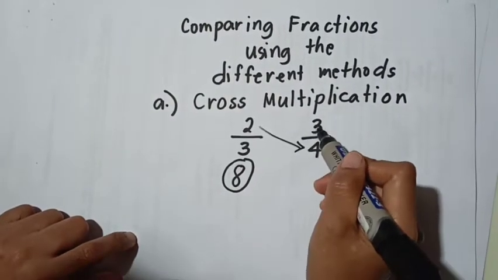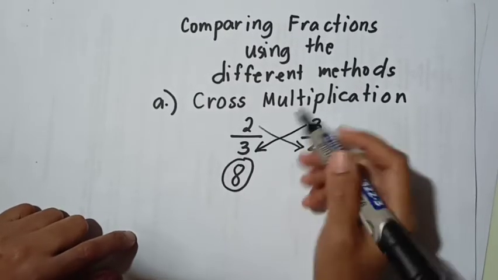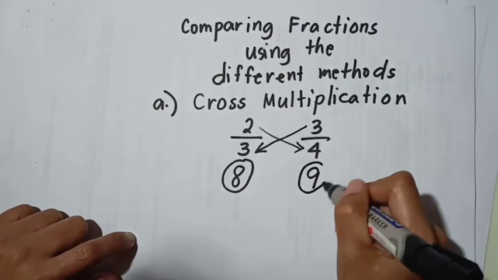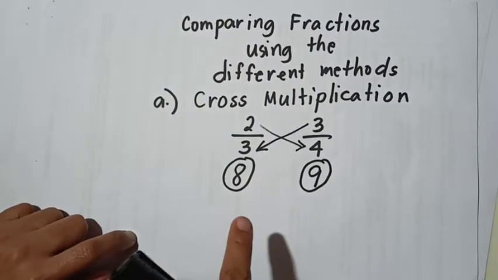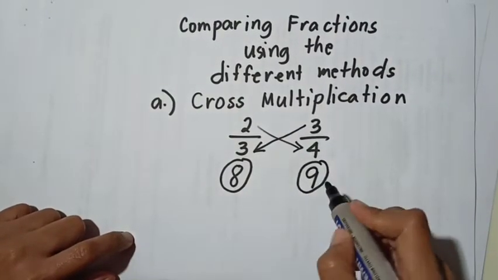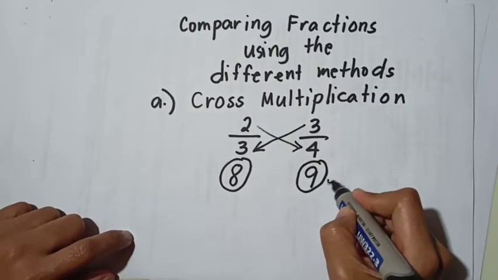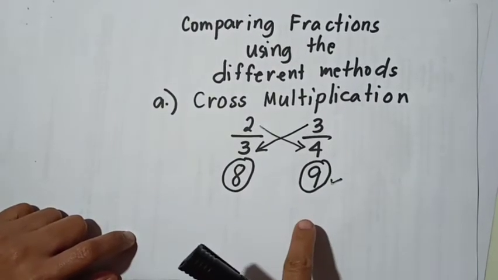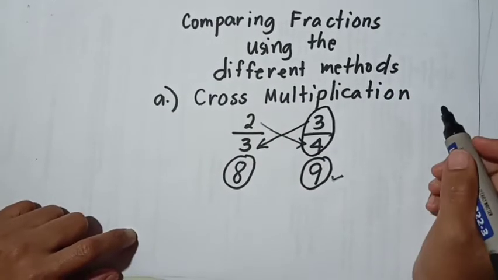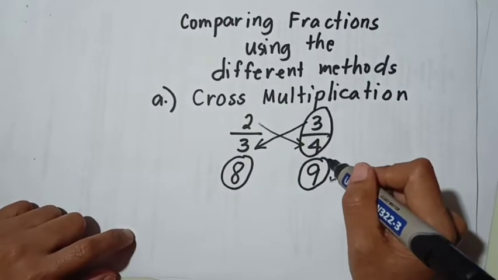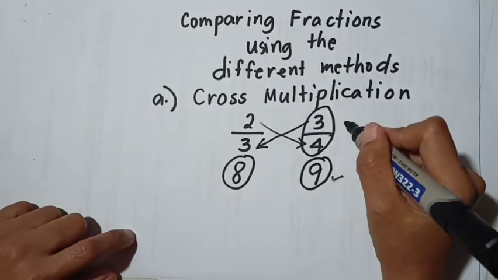So, let's say 3 times 3 is 9. What do you think? Which of them is larger? Of course, 9 is the larger number. And since this belongs to the 3/4 fraction, meaning 3/4 now is larger than 2/3.